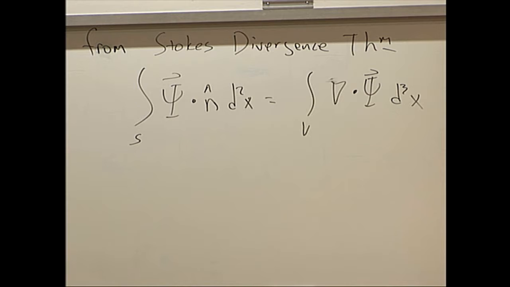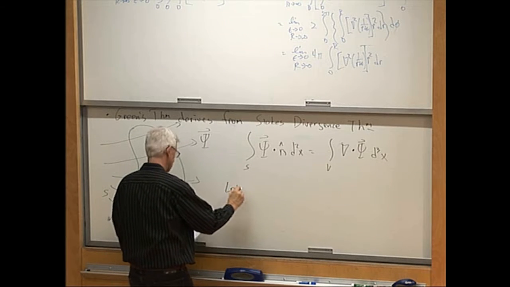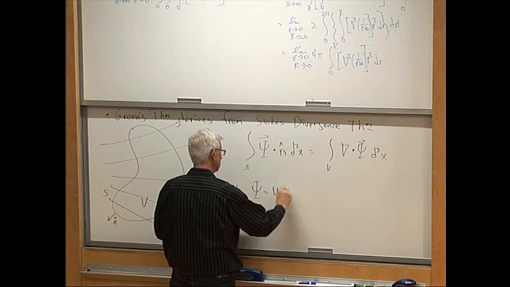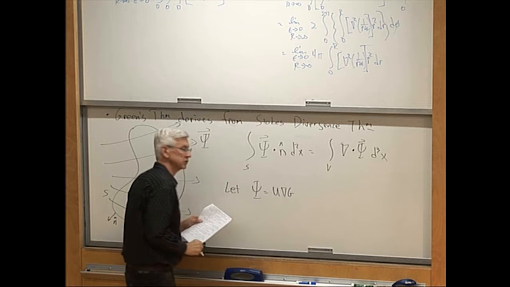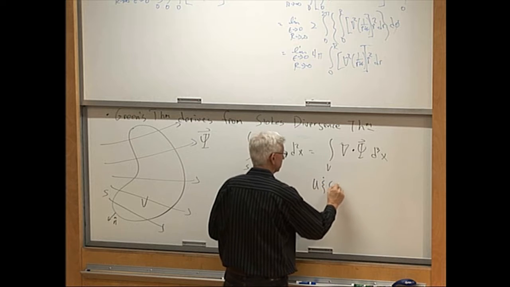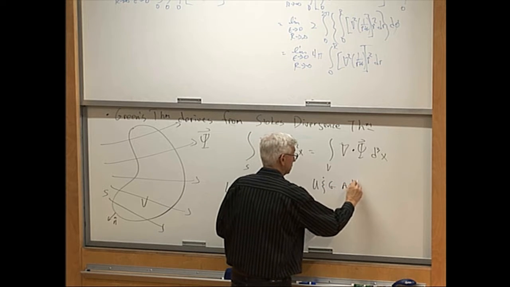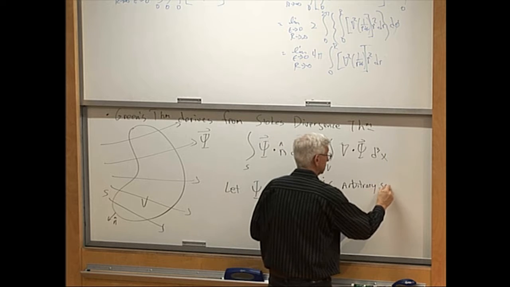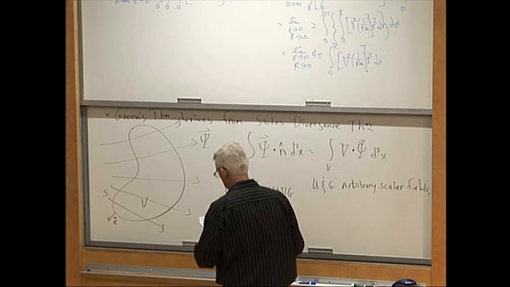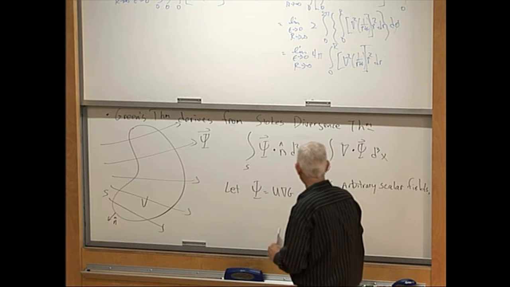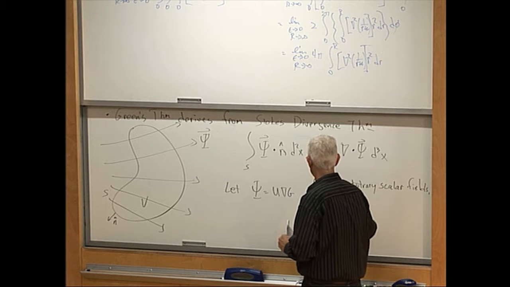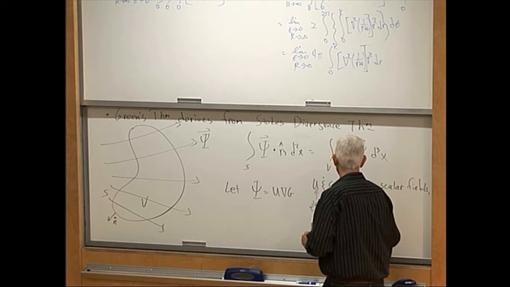All right. So now we're going to let psi be equal to u times the gradient of g, where u and g are arbitrary scalar fields. Okay, and for us, u is the electric field, and g is the Green function.